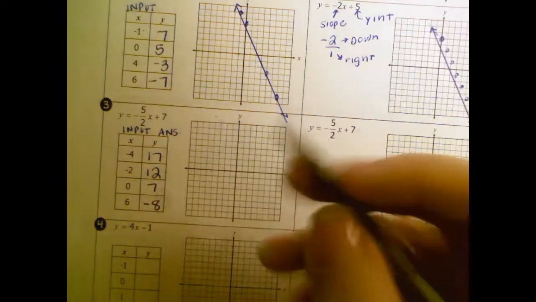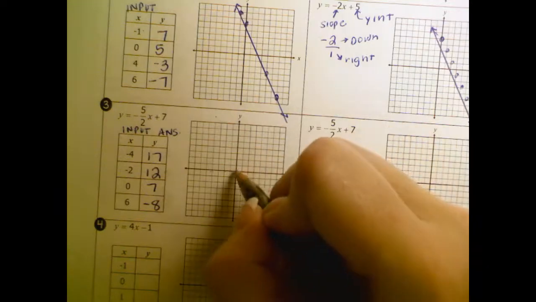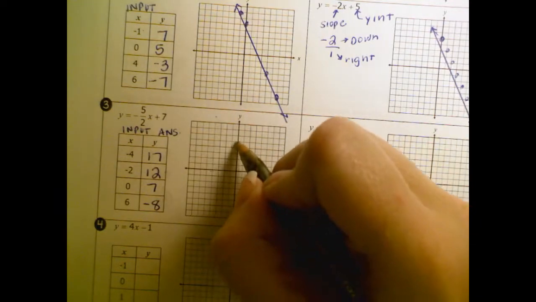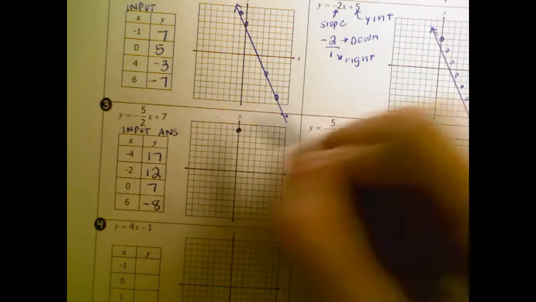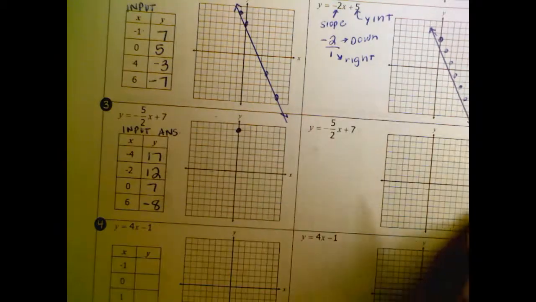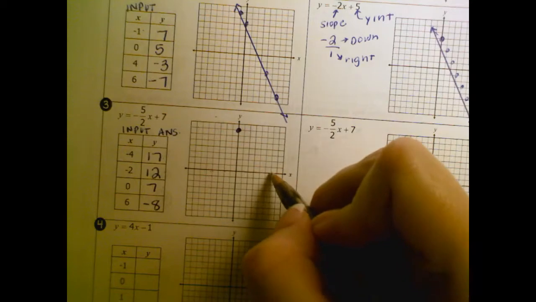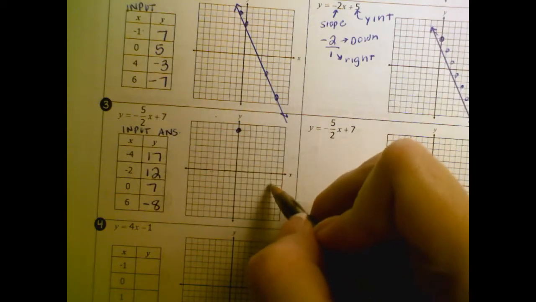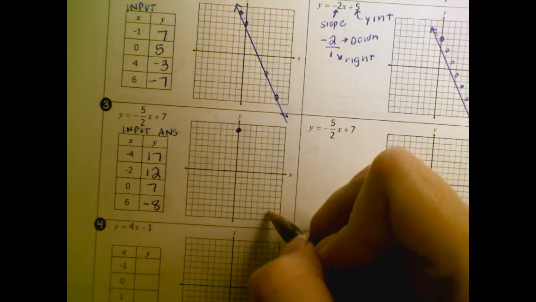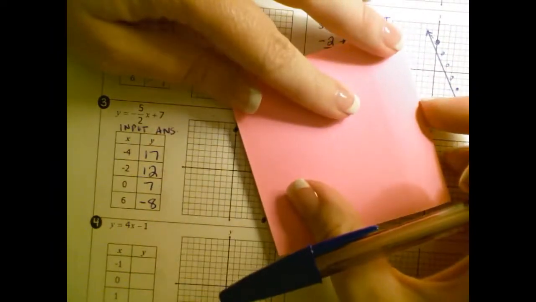So I'm going to plot 0, 7. Then I have enough space to plot 6, negative 8. So for this graph, I'm only going to have 2 points.